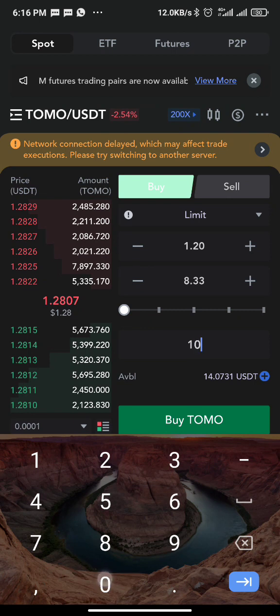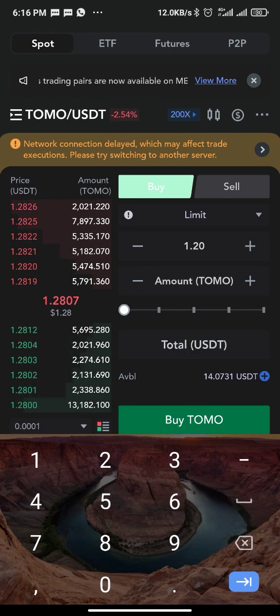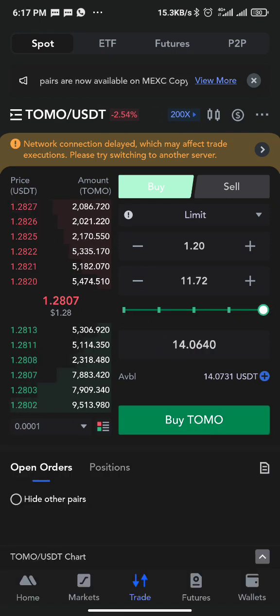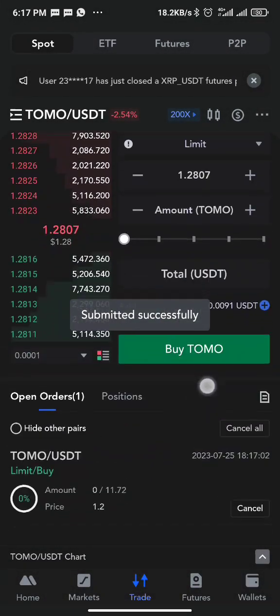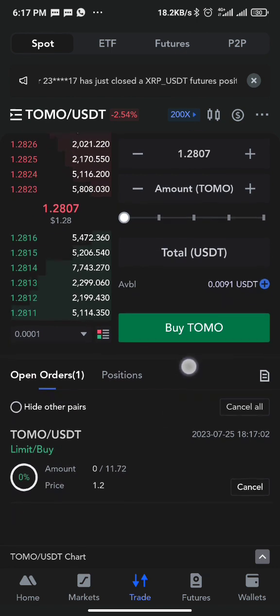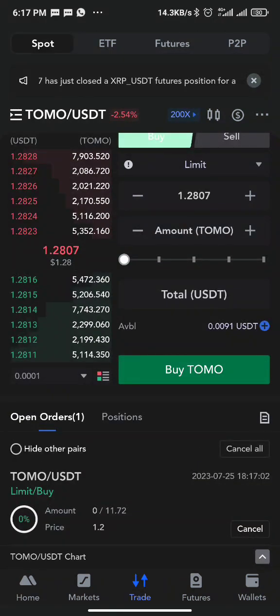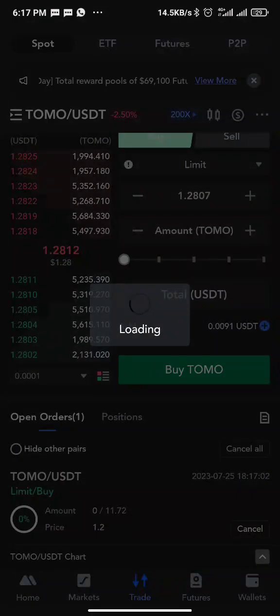Maybe I want to use just 5, so just type it there, but I'm using 100% buy. So successfully, can you see now there's a pending order here at 1.2. Can you see price at 1.2? So if price reaches there, it's going to activate and buy for me, even if I'm not in the market. So let me cancel that.